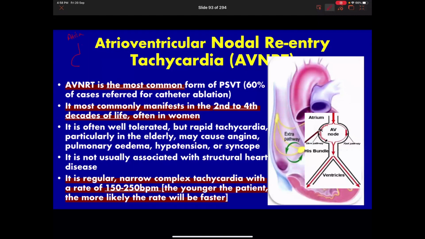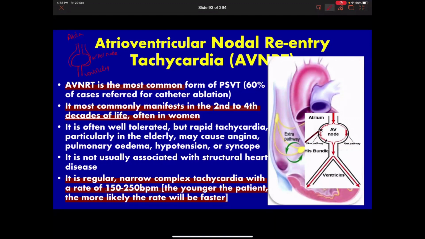They have two conduction pathways. This is basically the AV node, and then these are the ventricles. Usually things just go in one straight line. Some people are born with two pathways where the impulse travels in a slow manner on one side and the fast manner on the other side.